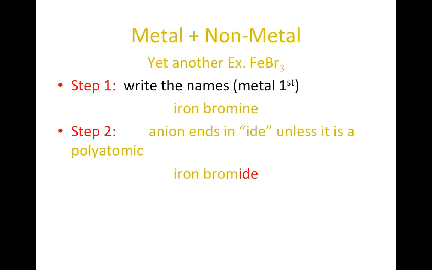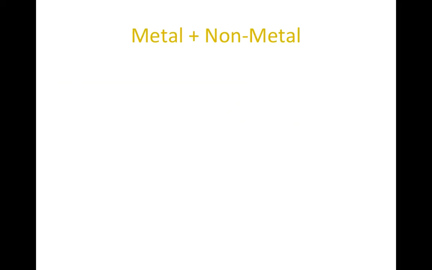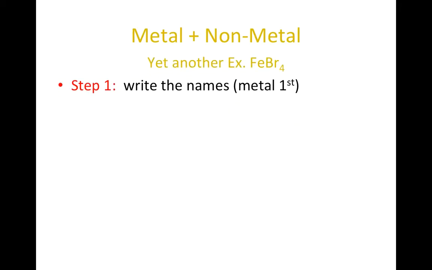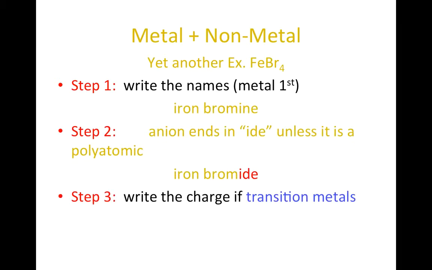That means it's in a compound. It's 3 -1 bromides, so iron must be +3, iron 3 bromide. Iron bromide for FeBr4 must be iron 4 bromide.